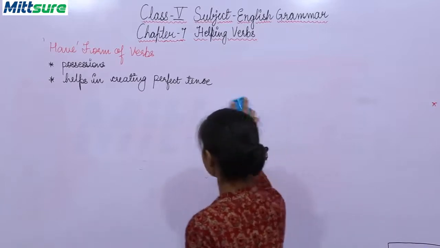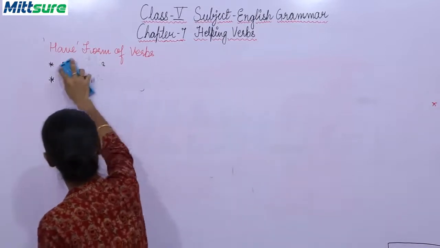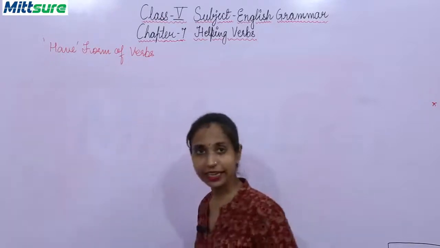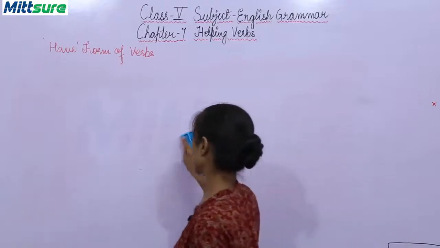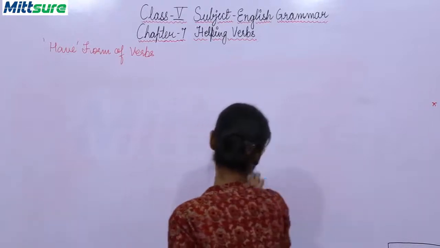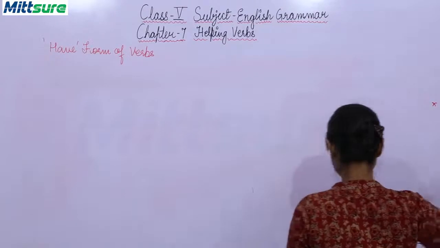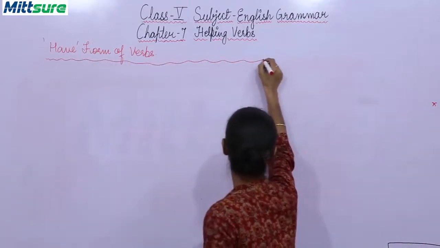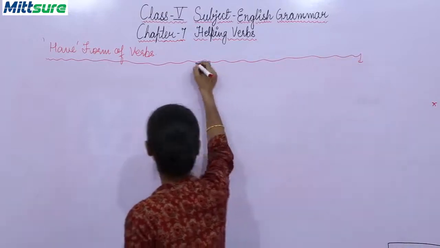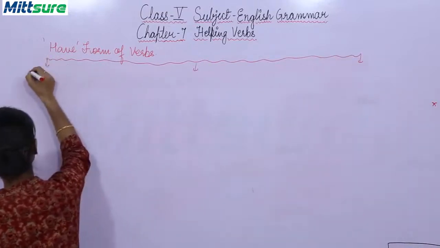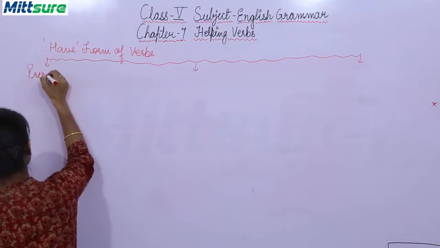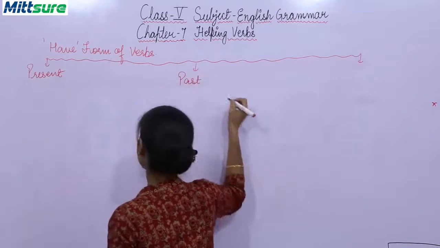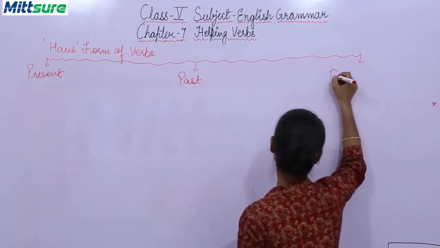Now, we have already discussed the two pointers about have forms of verbs, now let us divide have forms of verbs on the basis of tense. The first one is present tense, second past, and the third one is future.